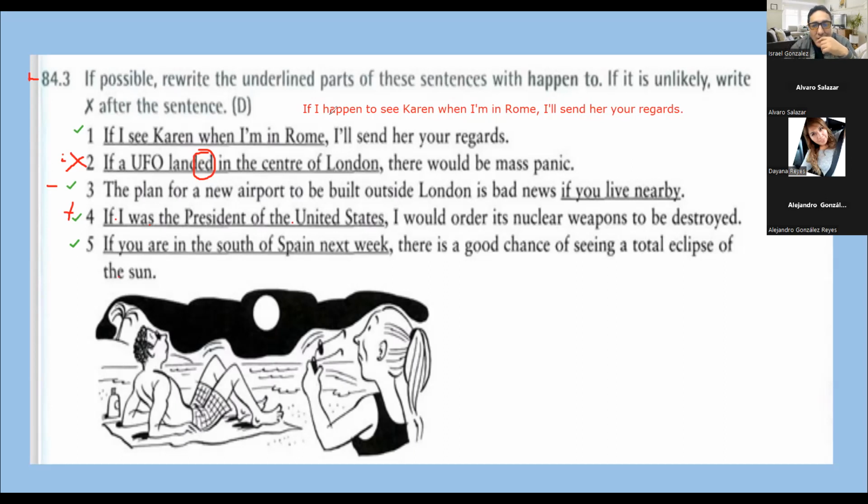Maybe Alex or Alvaro can help us. I think we need to rewrite the last part of the sentence. The plan for a new airport to be built outside London is bad news if you happen to live nearby.